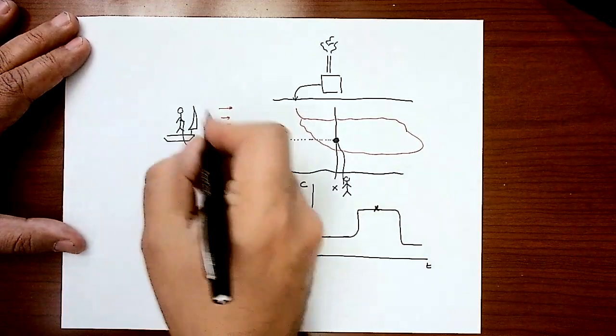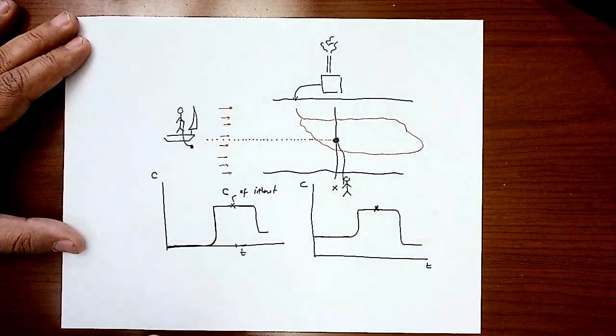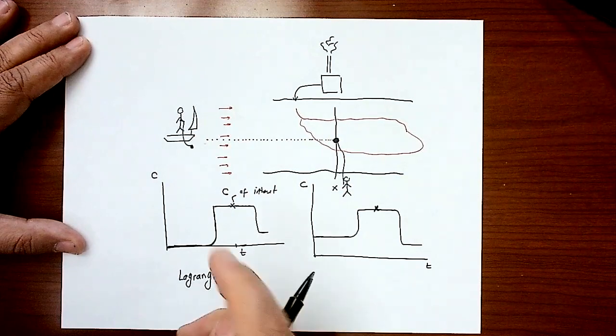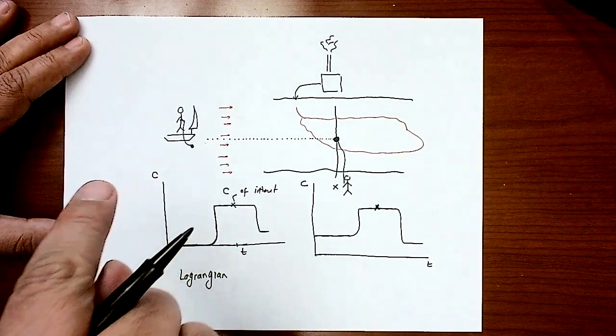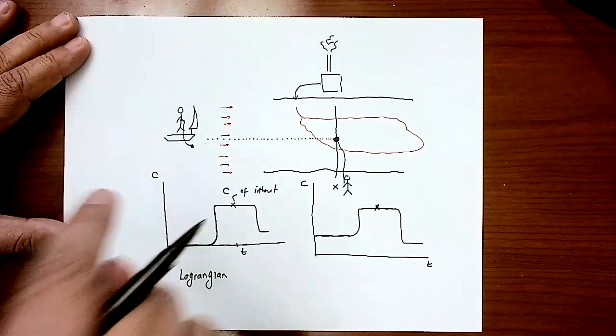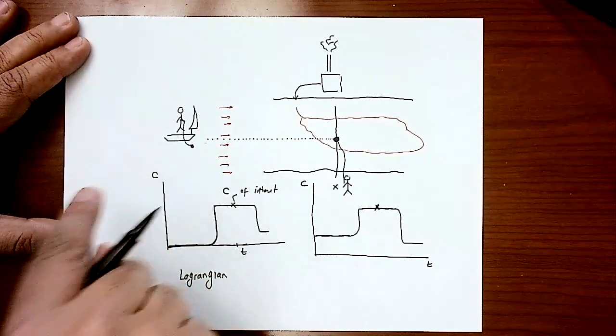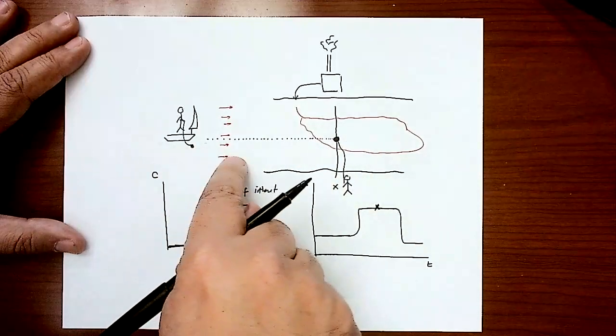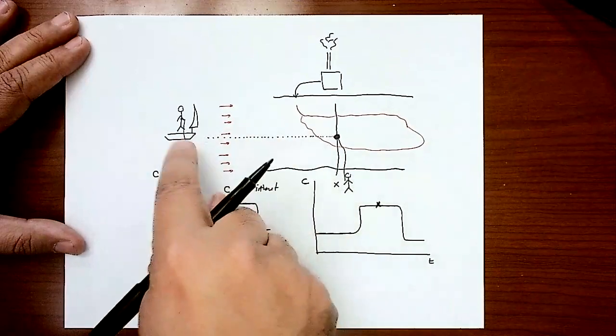So in case number 1, this is my Lagrangian approach. Why? Because I jump over the boat, I ride my sensor over a fluid particle and start traveling with the fluid stream. The position of the sensor is a function of X, Y, and Z, and T is the time.